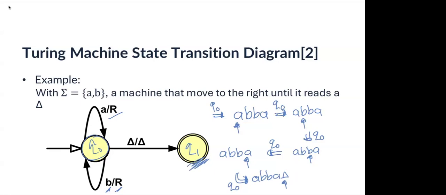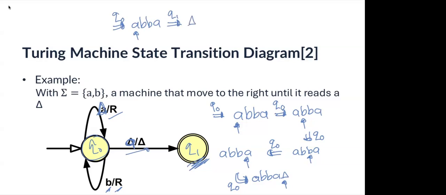Okay. And for example, let's say I change this into delta and I change it into A, just for example, then ABBA. Here we start from Q0 and the head is on A. Because A goes to delta, we change A to delta, then we go to Q1.